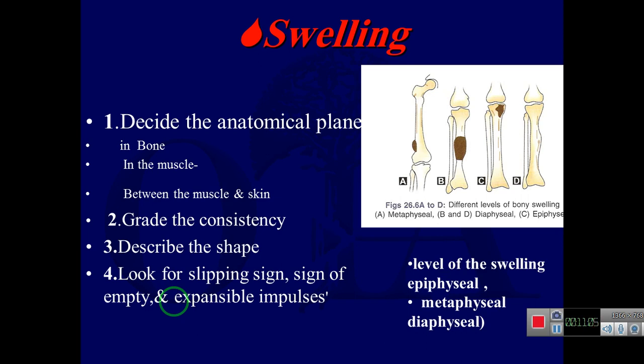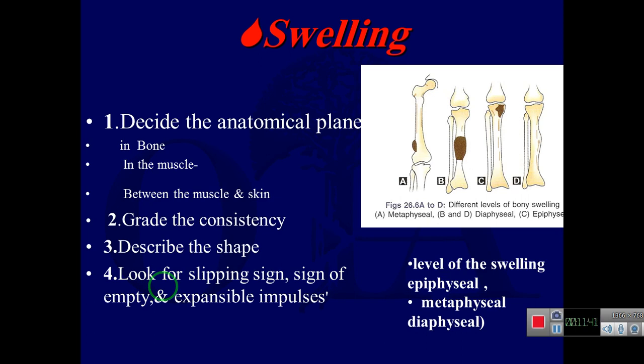Swelling. The following things are noted in the examination of swelling. Number 1, decide the anatomical plane, whether in the bone, in the muscle, or in between. How can you differentiate a swelling in the bone, in the muscle, or between the muscle and the skin? If it is in the bone, the swelling will decrease in size when the muscle is put in contraction. When the swelling is in the muscle, the swelling slightly decreases in size and becomes fixed on muscle contraction.